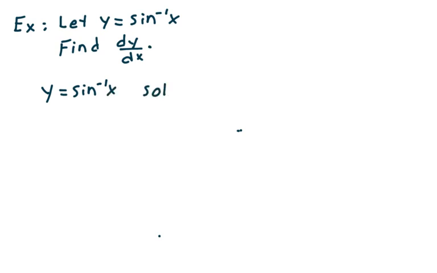And let's solve for x. Now, when I do that, I get x equals sine of y. But remember, y is less than or equal to pi over 2 and greater than or equal to negative pi over 2.